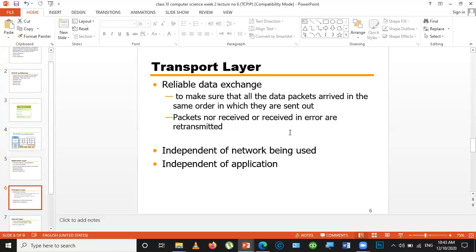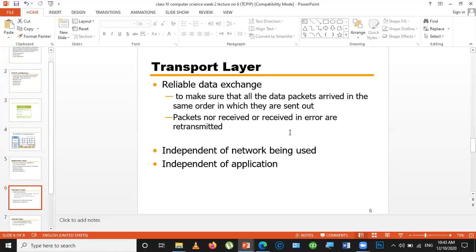The transport layer provides some more functions. We can see that it accepts a message from the session layer, the message from different layers from the application layer.